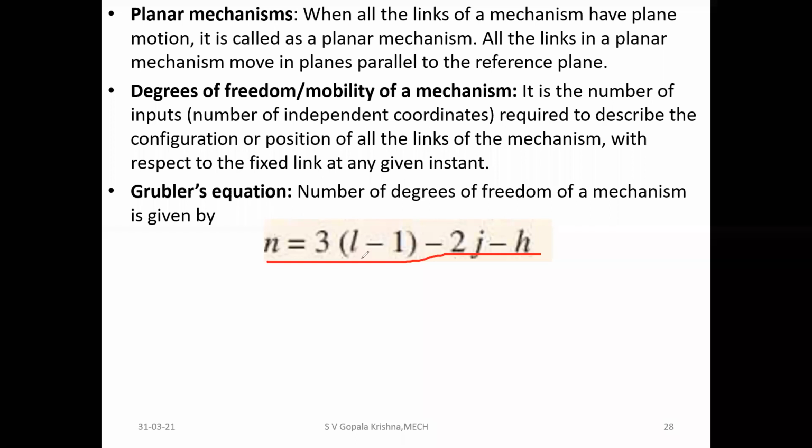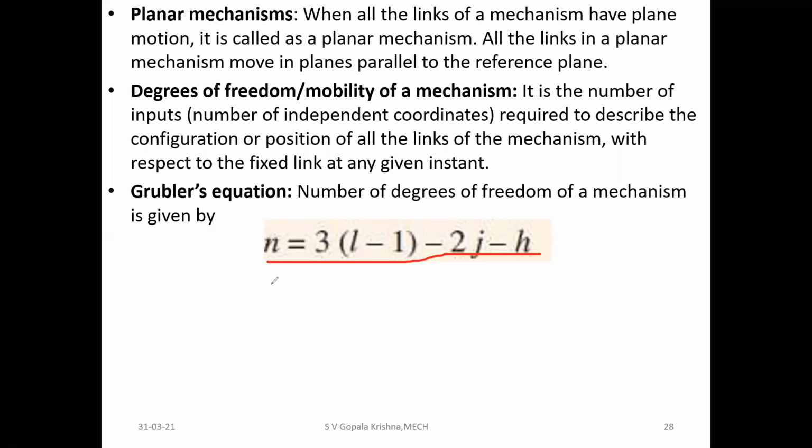In this, n is the degrees of freedom, L is the number of links, j is the number of joints, and h is the number of higher pairs. This is only for plane mechanisms, planar mechanisms.